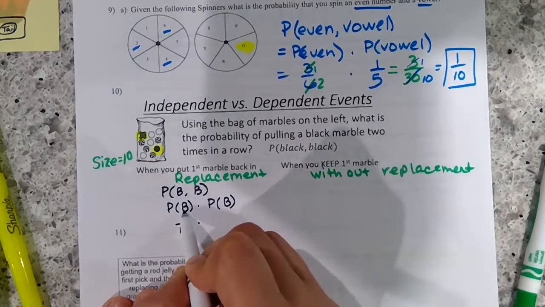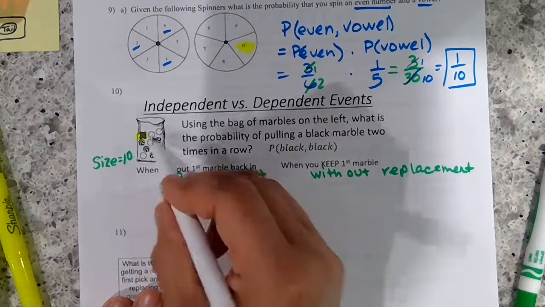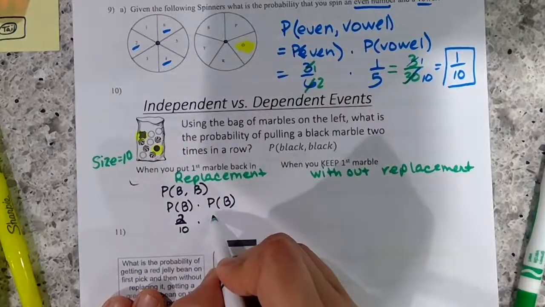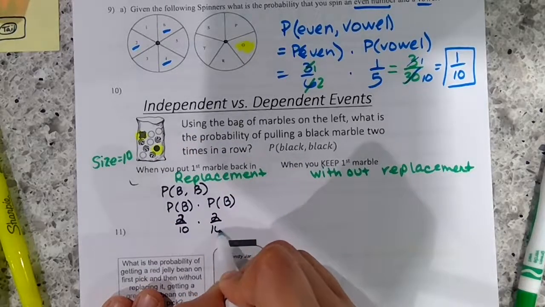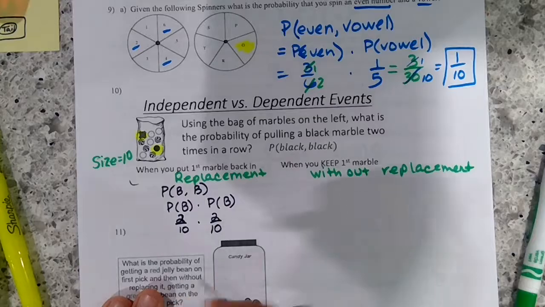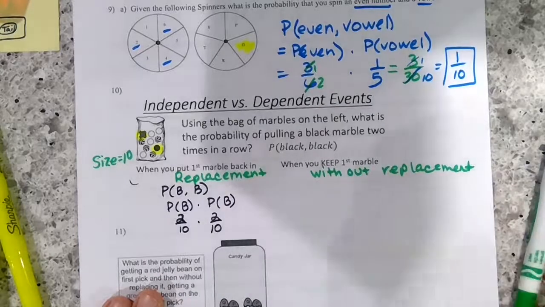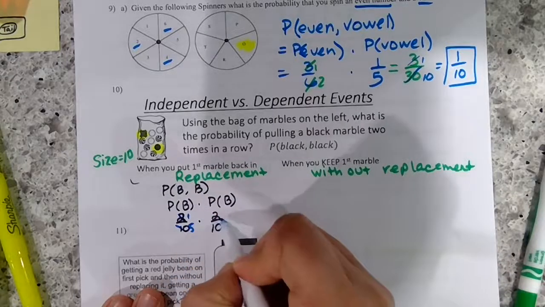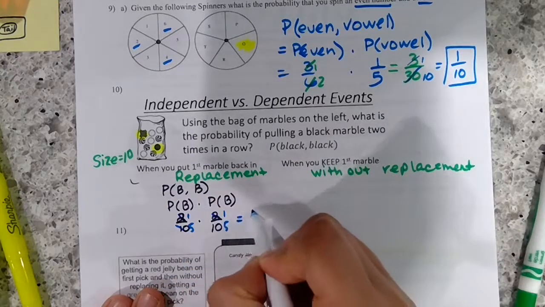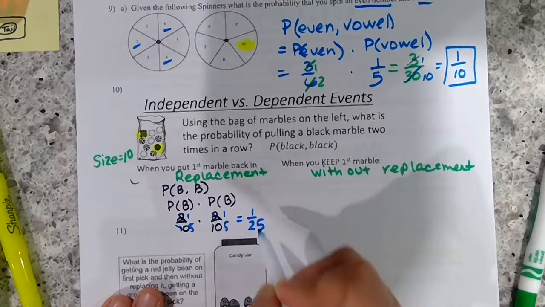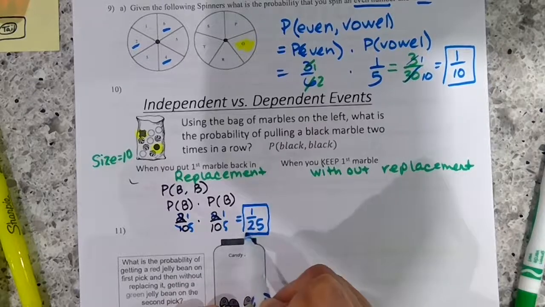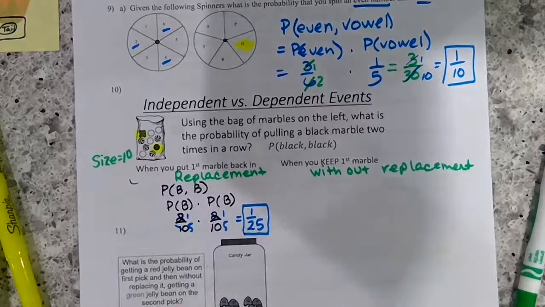There's 2 choices right there. You put it back in, it's the same bag, so the probability is also 2 out of 10. Okay, multiply this across or reduce this, so this turns into: probability that you get a black and a black is 1 out of 25.